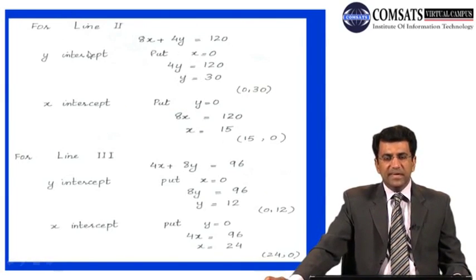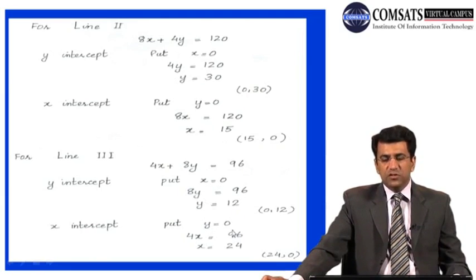For line 2, the second constraint, again we put it equal to 120. Putting x = 0, y = 30. Putting y = 0, x = 15. Again the 2 points are (0, 30) and (15, 0). Similarly, as there are 3 constraints, we have to solve the third constraint as well. We put that inequality into equality, and by putting x = 0, we get y = 12.